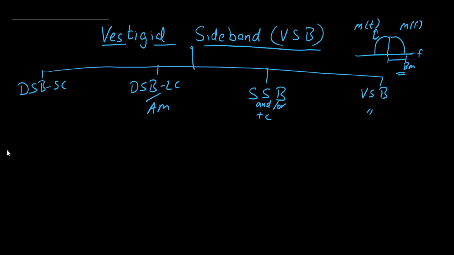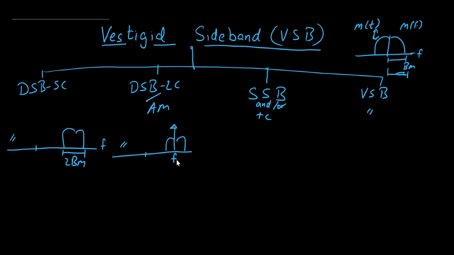Starting with the bandwidth of DSB-SC, it has a bandwidth of 2 B_m. For AM, we have a similar structure, but now we have a carrier at carrier frequency fc, and again the bandwidth is 2 B_m. Both DSB-SC and DSB-LC are not very bandwidth efficient, so that is why we move towards SSB.